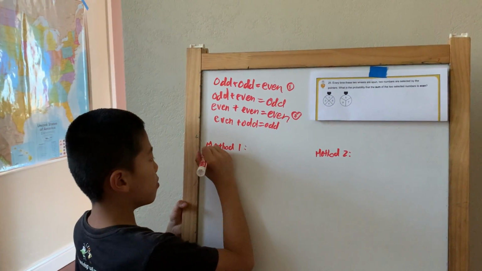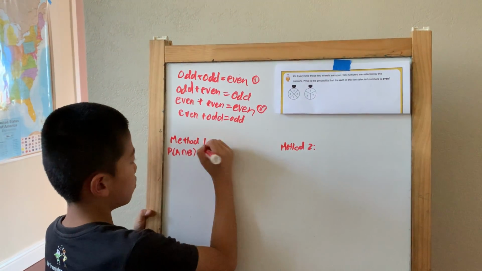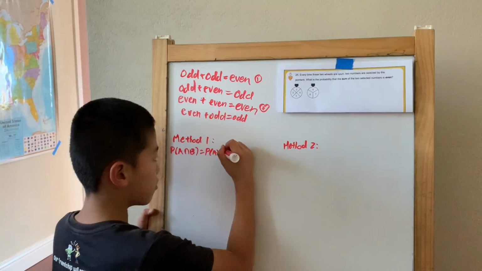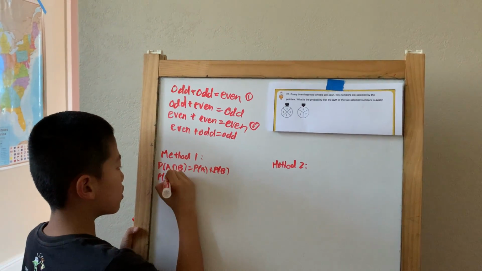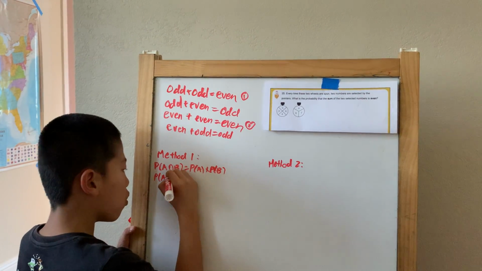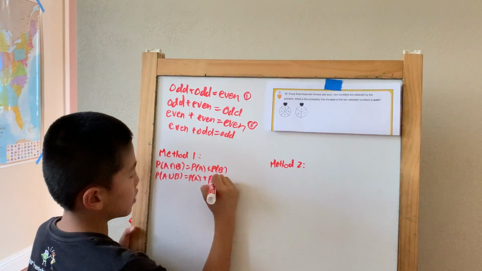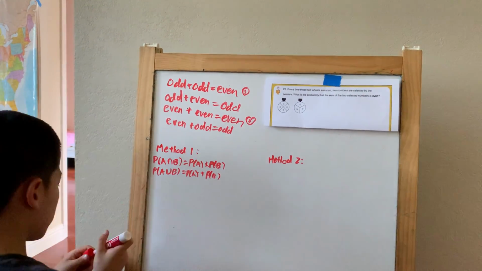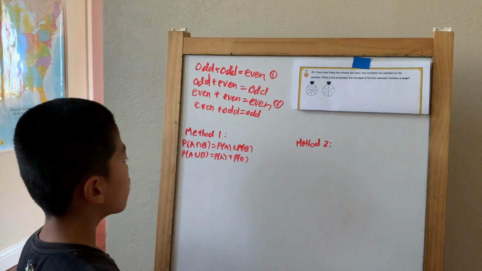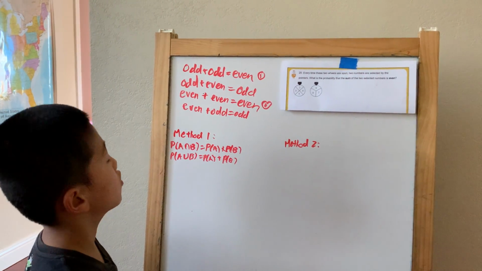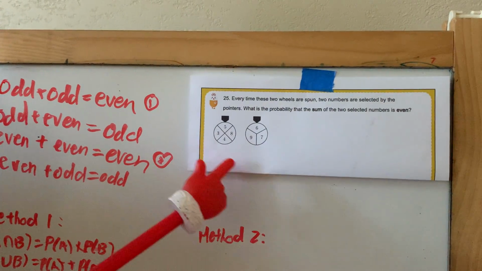So here we have the probability of event A and B is equal to the probability of getting event A times the probability of getting event B. And the probability of getting event A or B equals the probability of A plus the probability of B. These two rules only apply if event A is not dependent on event B, or if event B isn't dependent on event A. And here the two events are the spinners, and the spinners don't affect each other in any way.